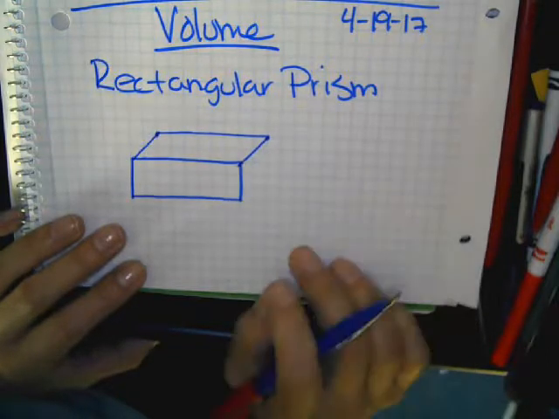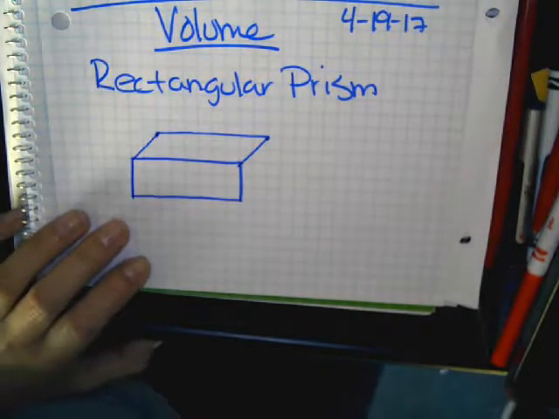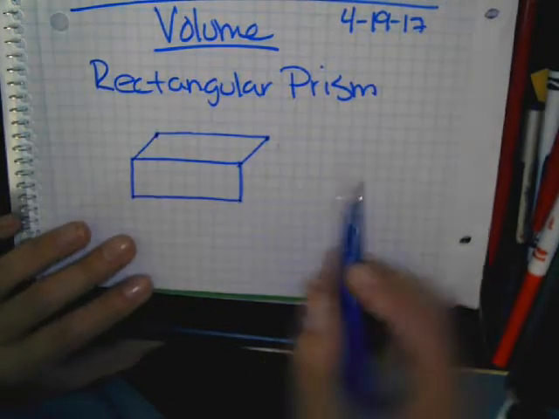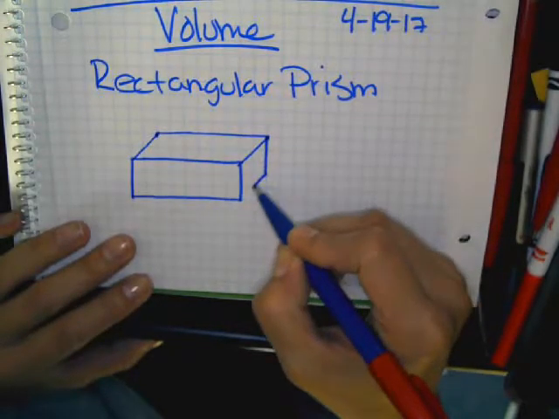Connect this. So up 2 and up 2. Then you're going to go down 3. And then you're going to go diagonal.